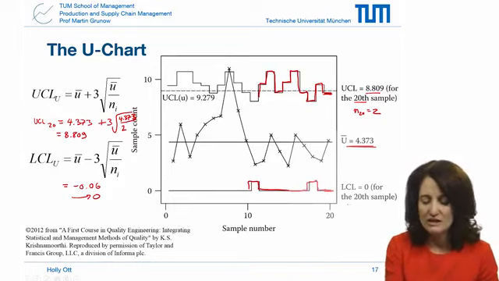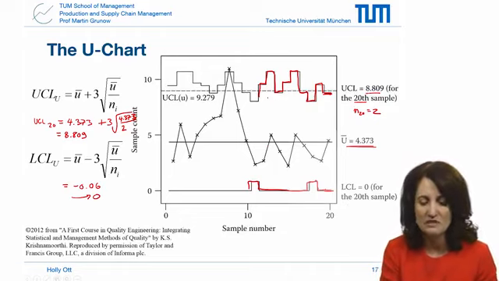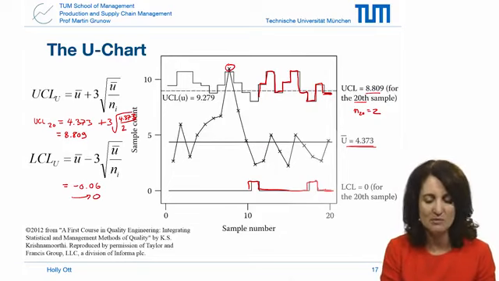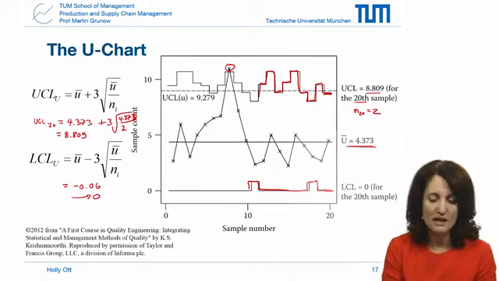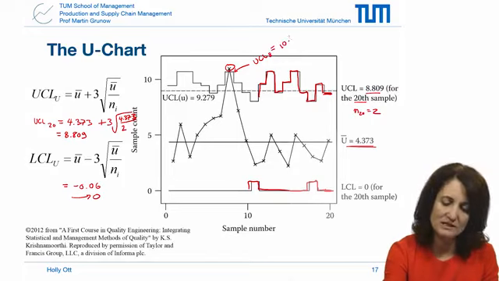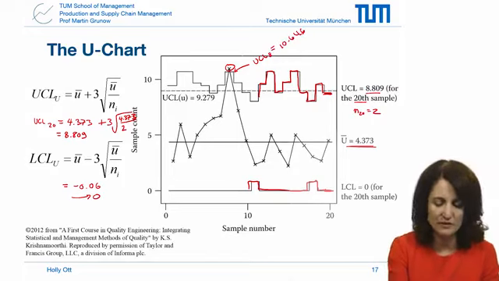Now here in these charts, the LCL is mostly 0, but the UCL you can see is varying. And one of our samples, sample 8, is out of control. For sample 8, the upper control limit was equal to 10.646, and this value is out of control.